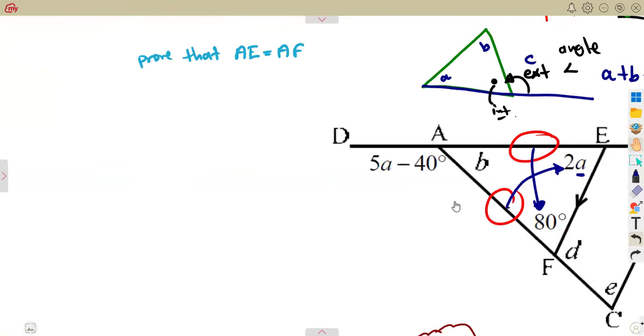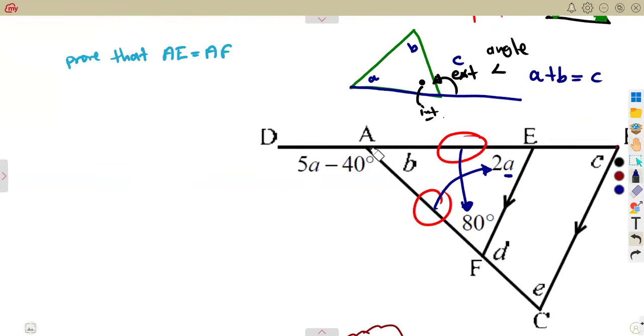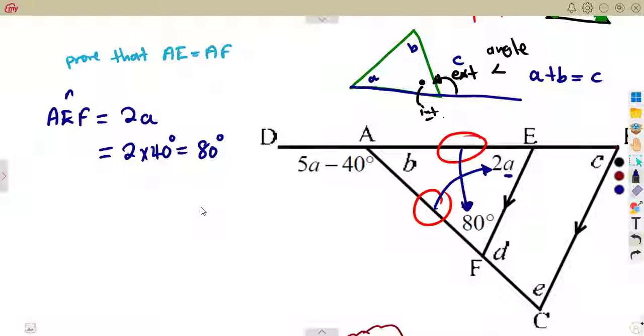A is 40 degrees. So let's start with angle AEF. Angle AEF is given as 2A, and we obtained that A is 40 degrees. So 2 times 40 degrees is equal to 80 degrees.